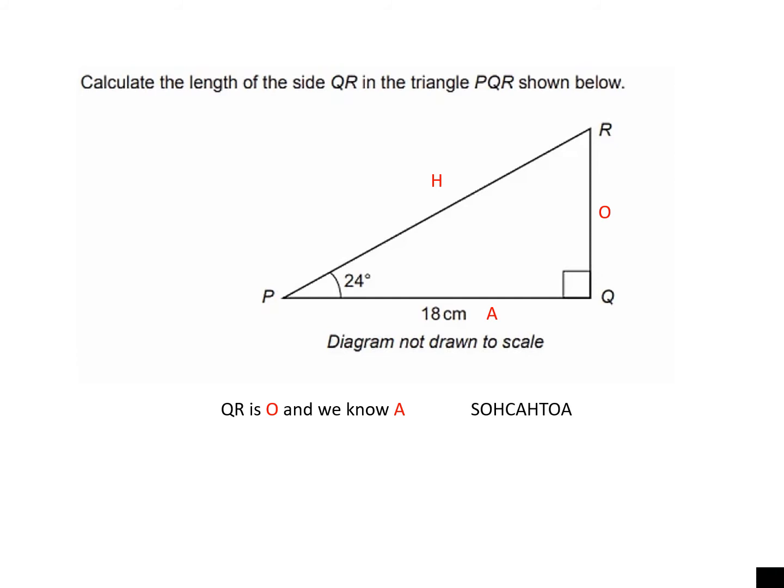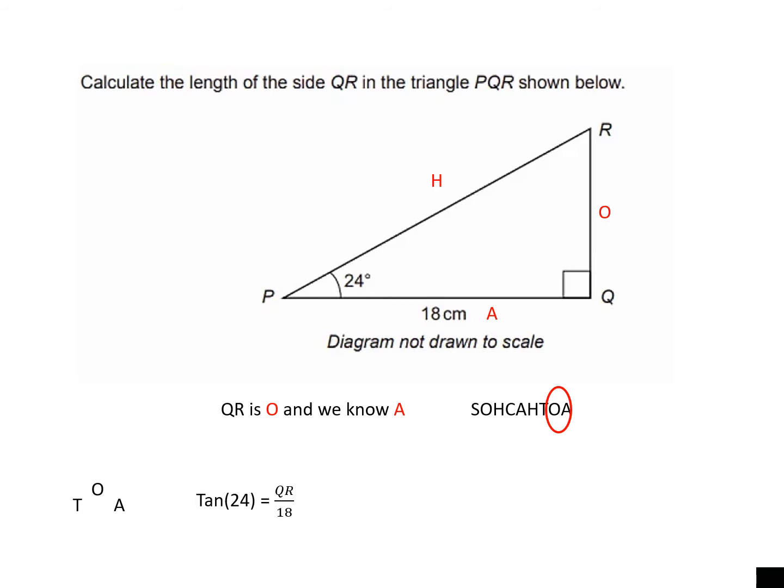So let's write out Sohcahtoa. Now where do O and A come? They come there. So we're looking at TOA, aren't we? T-O-A. And what are we trying to find? We're trying to find O. So that's going to be the T times A, isn't it?